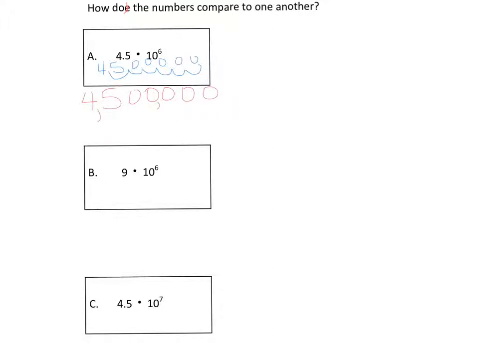So we get 4,500,000. And then for 9 times 10 to the 6th, 1, 2, 3, 4, 5, 6, we're going to add 6 zeros.